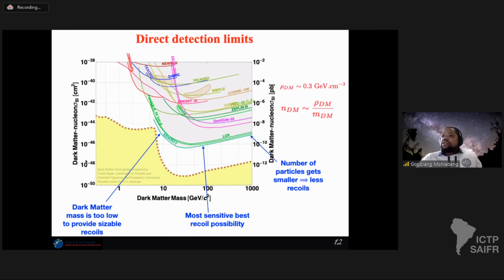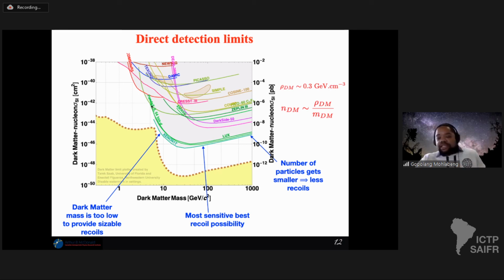more. If we look at the direct detection limits, these shapes tell us something about the dark matter that's coming in, and also a little bit about our astrophysics. In the low mass region, dark matter does not have enough kinetic energy. It's too low mass to actually form a sizable nuclear recoil.